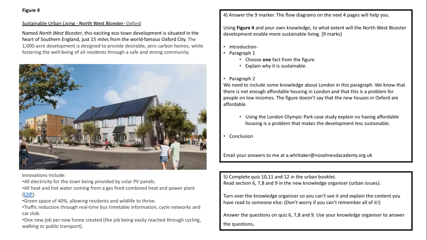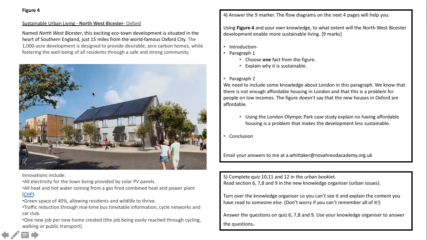So, one of the things that isn't mentioned in the figure is that there is any affordable housing. So make sure you talk about something that's in a figure, but also, if something's not talked about in the figure, you can also bring that in.